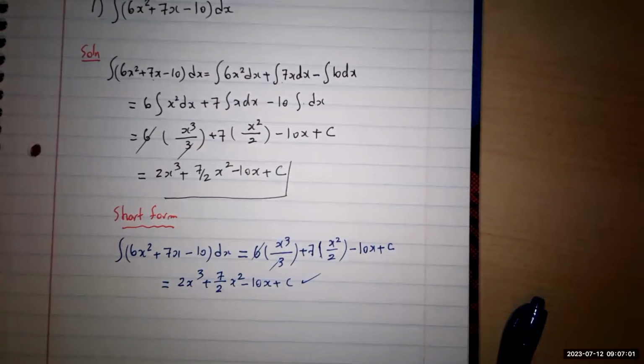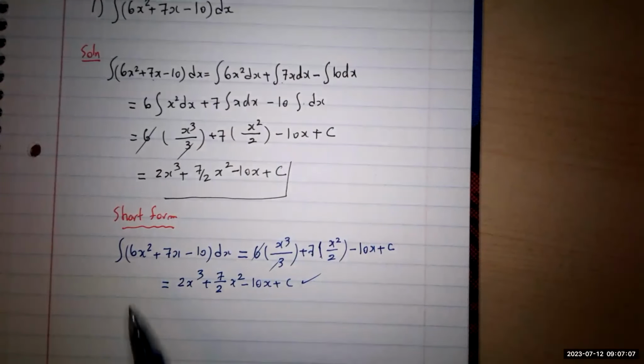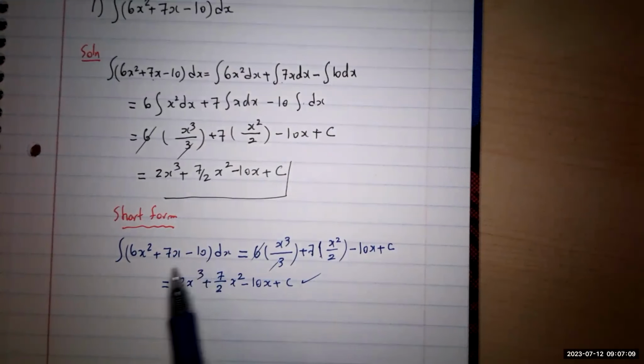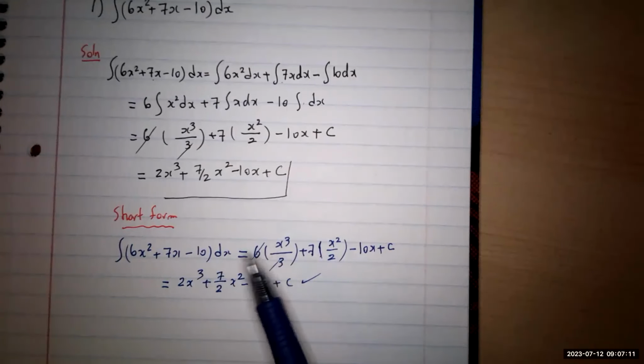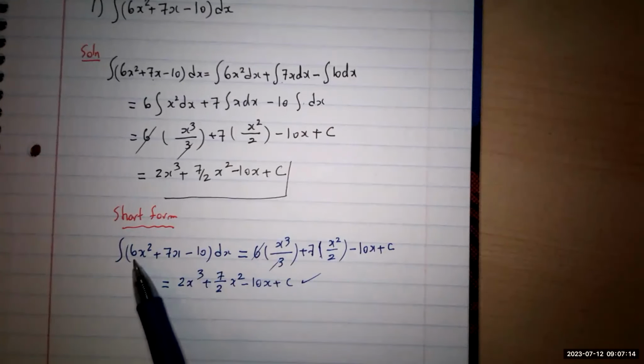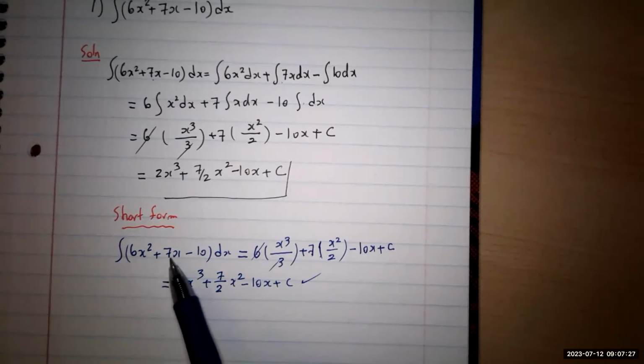It's a short form because it's a theorem. The theorem will tell you that you can break it into parts, and you can integrate each part separately. So there's no radical, no quotient, so we can operate right away. You keep the 6, x cubed over 3, 7x squared over 2, and 10x, and then you're done.